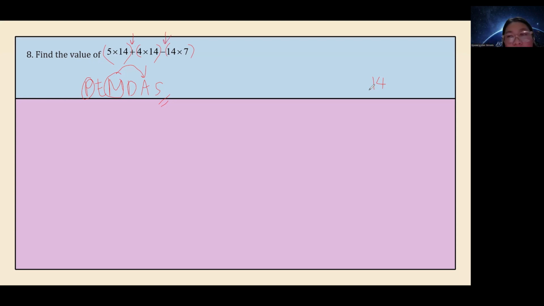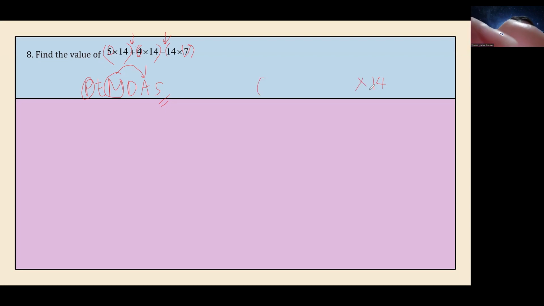Okay, now, since we know that 14 is being multiplied to 5, 4, and 7, we can actually regroup these numbers in such a way that we will only multiply by 14 once. So we can regroup it like this.